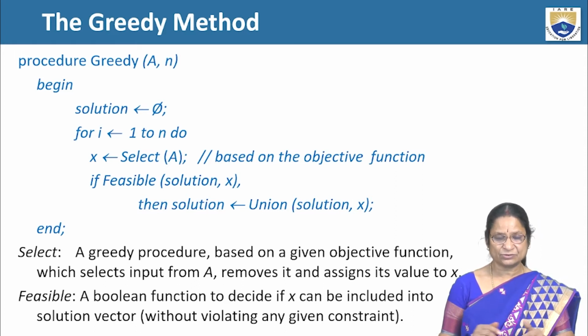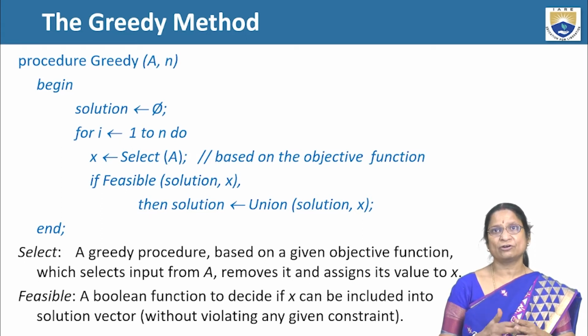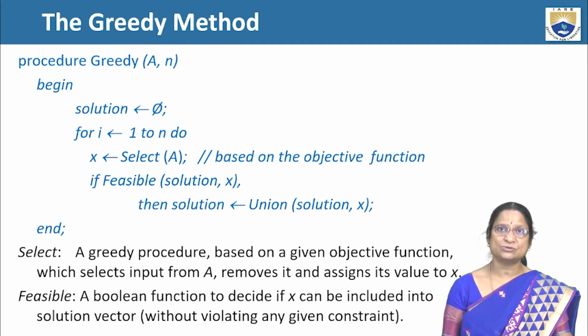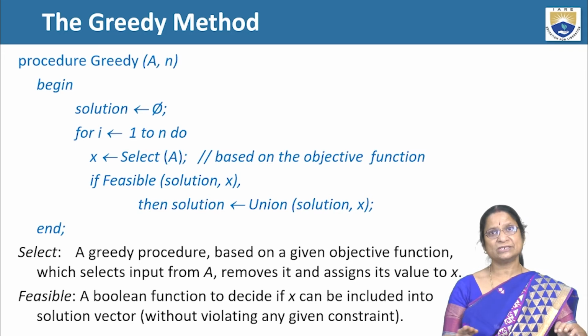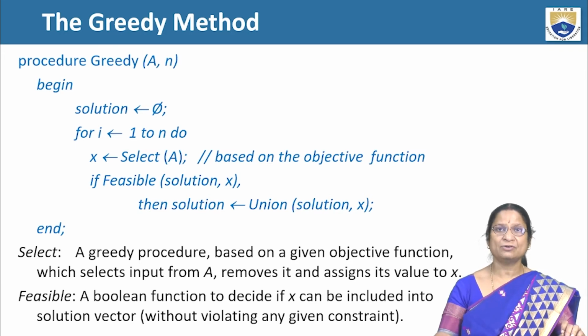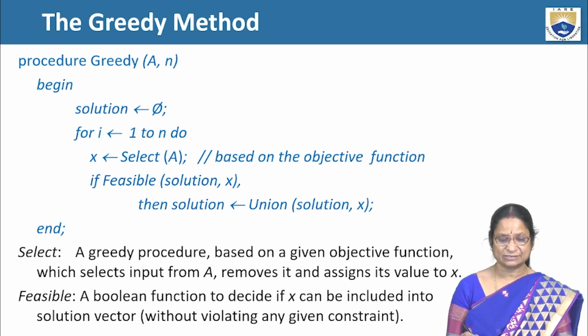Then we check whether adding this to the solution is going to be feasible or not. If it is feasible, then the choice we selected will be added to the existing solution. So this is the general procedure, and it is going to be applied to all the applications we are going to discuss further.